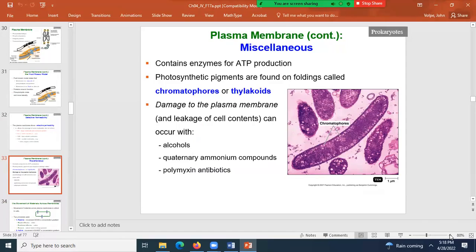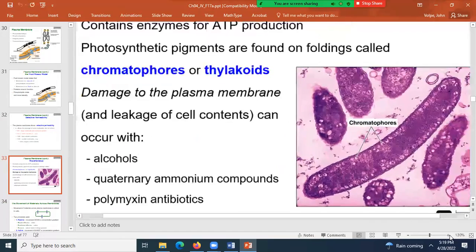Let me blow this up a little bit. So this is showing you an actual electron microscopic image of the plasma membrane of a photosynthetic cell. And that membrane folds into almost circles.